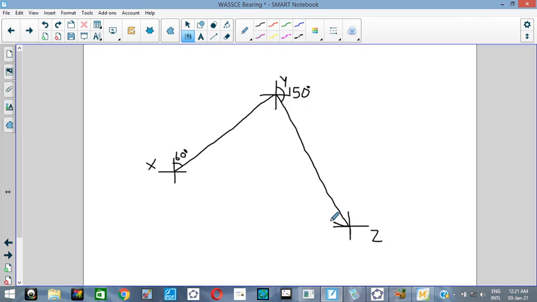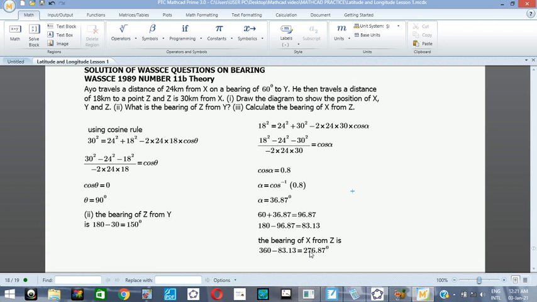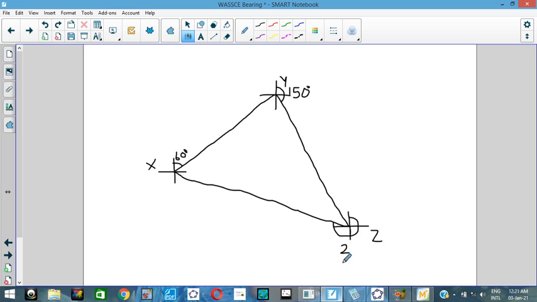Then finally this one, from Z to X, it turns at an angle of, let me check the result again, 276.87.